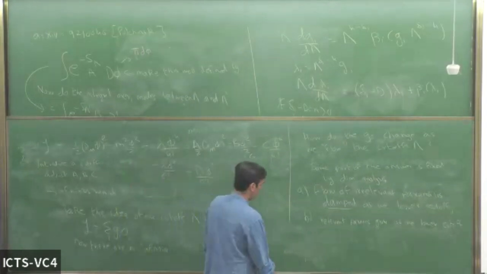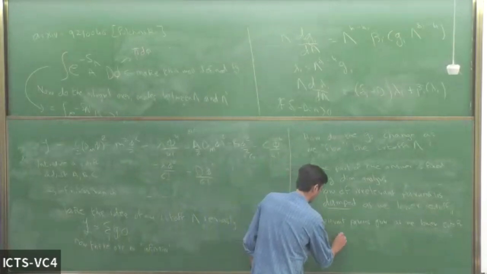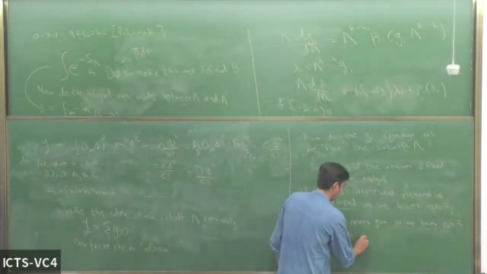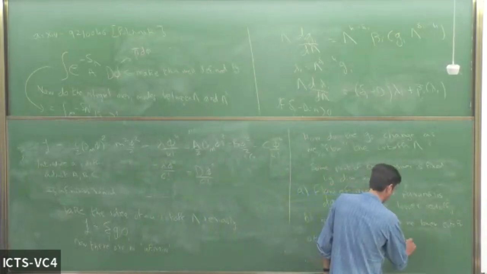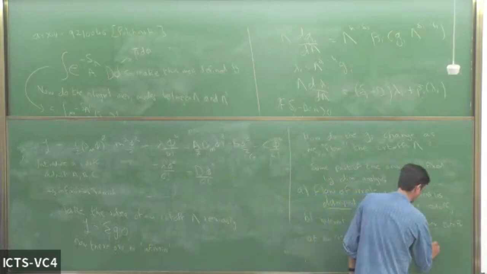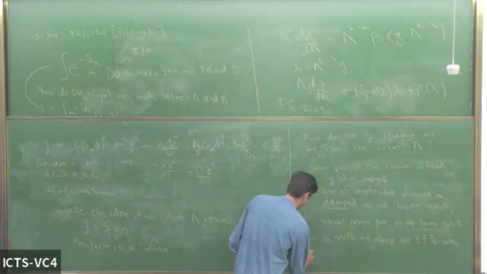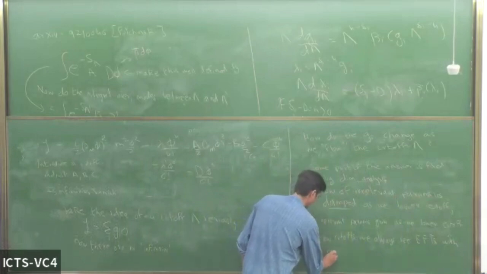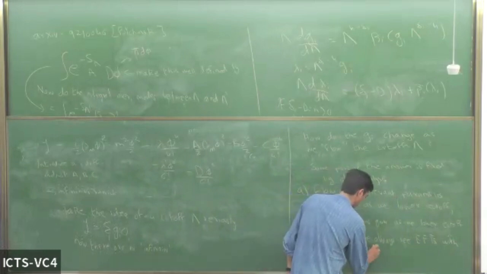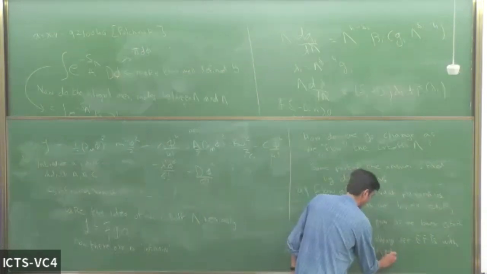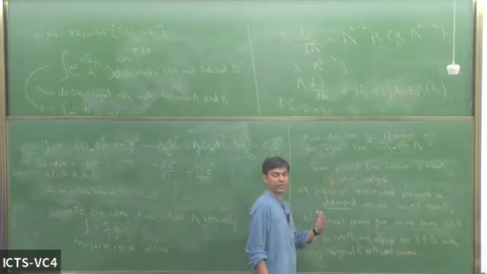Therefore, at low cutoffs, we always see effective field theories with only marginal and relevant parameters. And this is just a statement that comes from dimensional analysis and thinking of things this way.